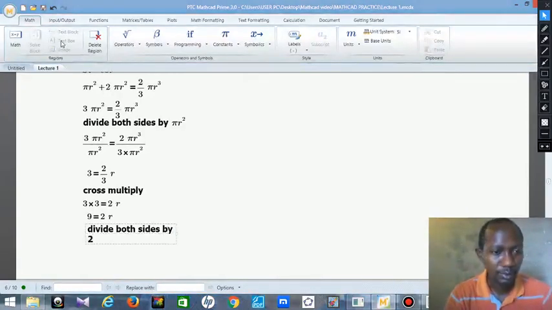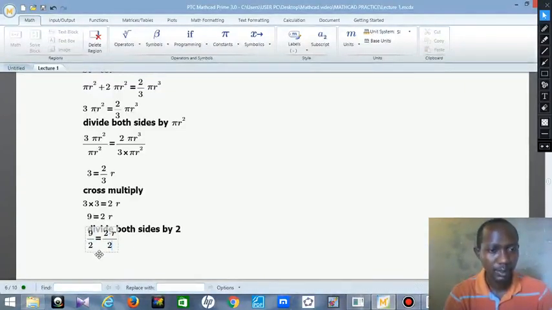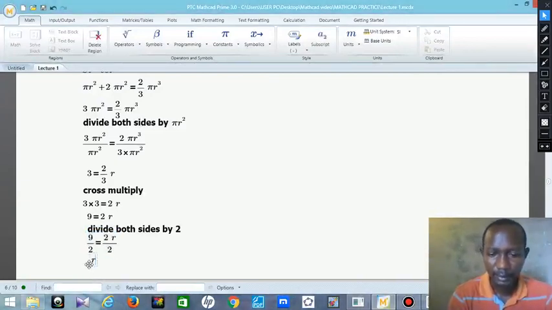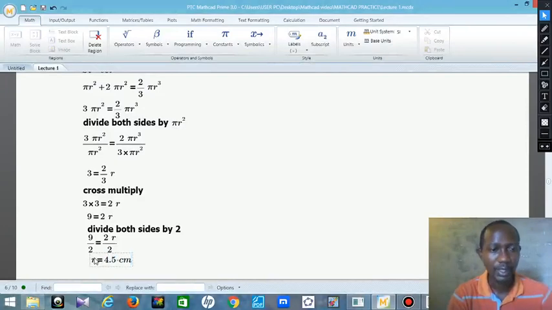Dividing both sides by 2, we are going to get 9/2 is equal to 2r/2. Finally, r is equal to 9 divided by 2, which is 4.5 centimeter.